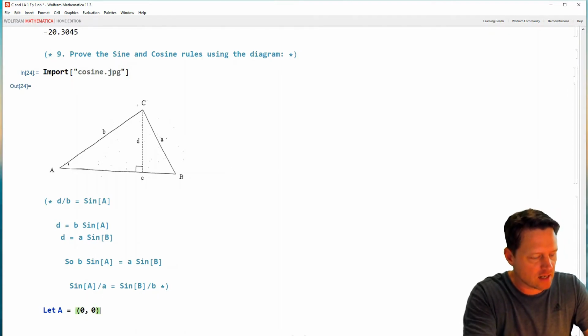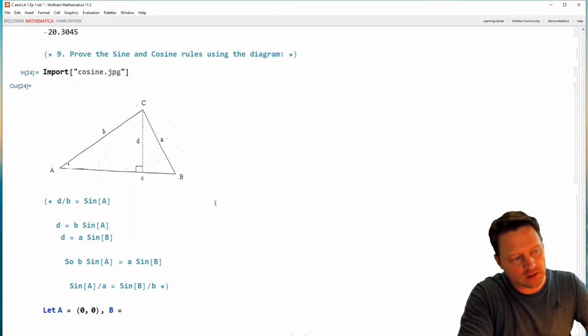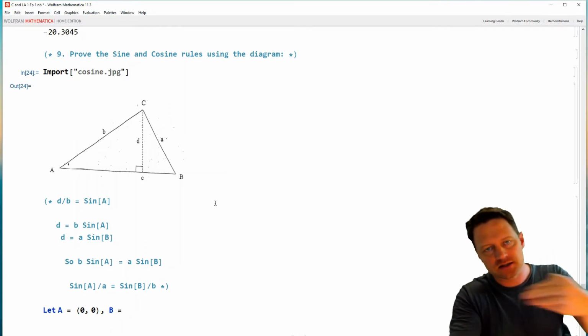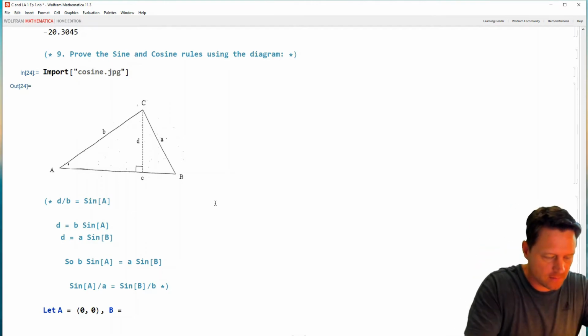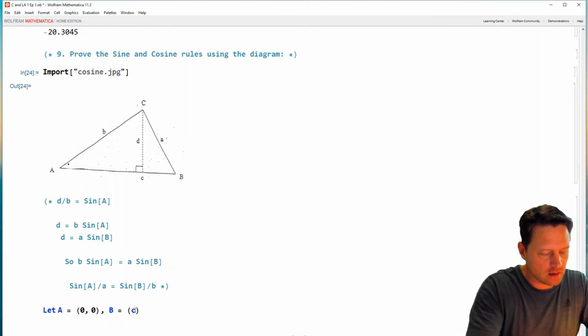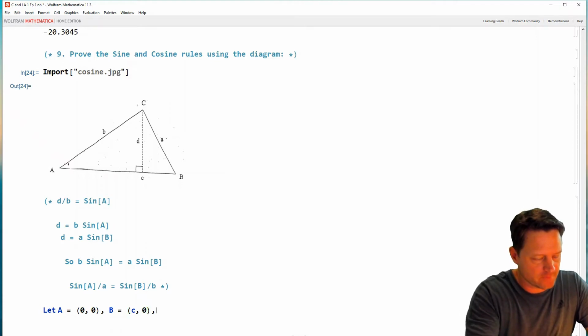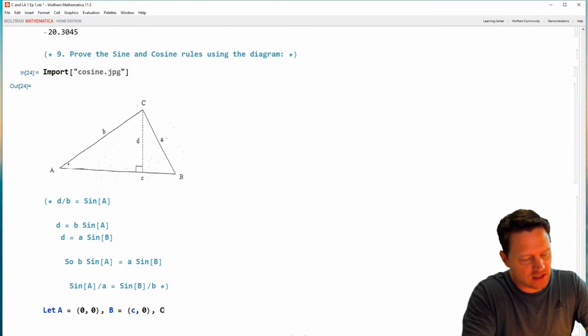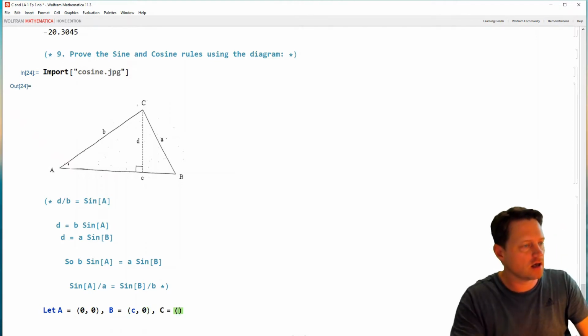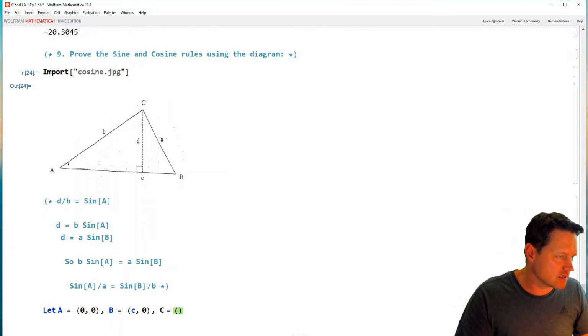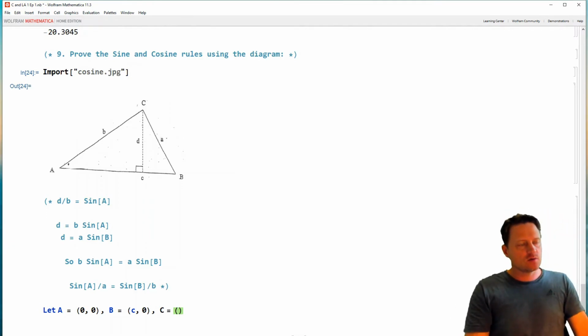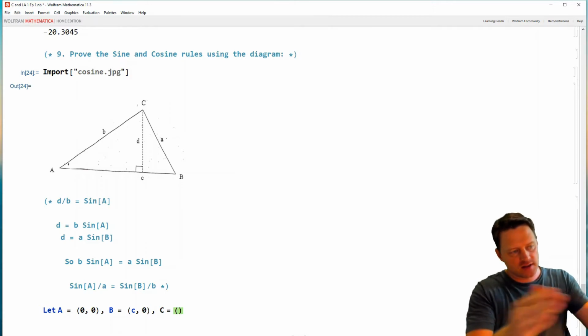Let B then be equal to, so B would have x coordinate c, lowercase c, and y coordinate 0, and then uppercase C is a little bit more complicated, but we need a cosine here for the x part of it.